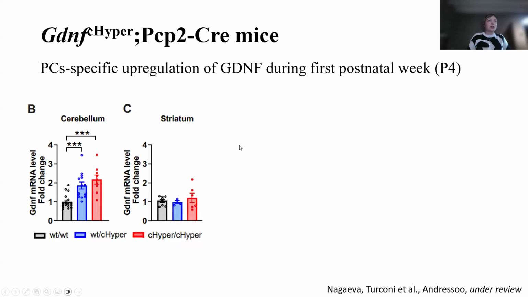You see here it's not drastic, but it's around twofold more GDNF. And we tested also in the striatum to confirm that it was specific to the cerebellum, and we didn't see any upregulation in the striatum.